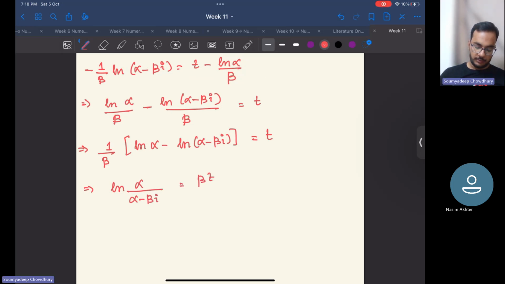Equals beta t. So alpha by alpha minus beta I, if we want to remove this logarithm, gets e to the power beta t, right?